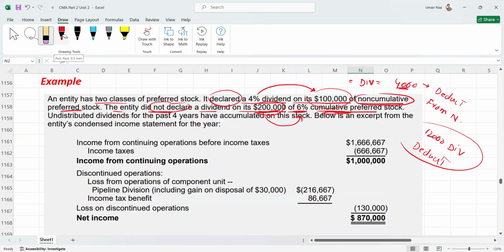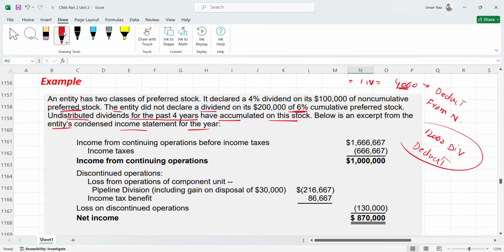Okay. Now let's read the next line. What they are saying is undistributed dividends for the past 4 years have accumulated on this stock. They're saying in the past 4 years this dividend is not yet paid, so it is accumulated. Below is an excerpt from the entity's condensed income statement for the year.